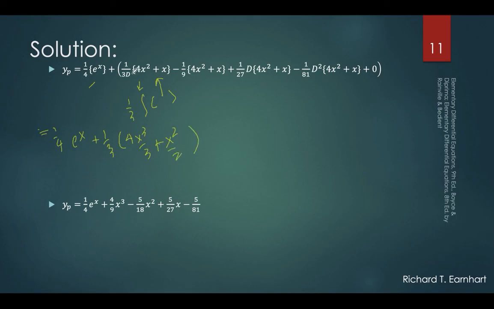So 1 over D means a single integral, and if you have 1 over D squared, you have a double integral. Okay, and so on.